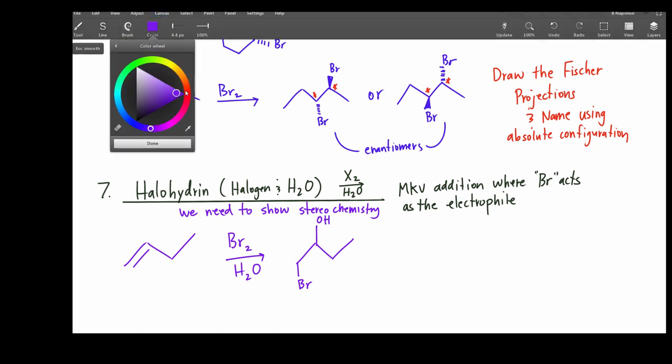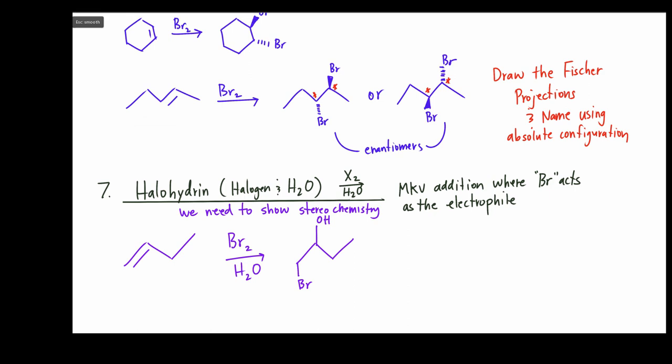So as you can see here, this carbon had the most hydrogen, so I added Br to that. So we had that. And OH goes on the other side.